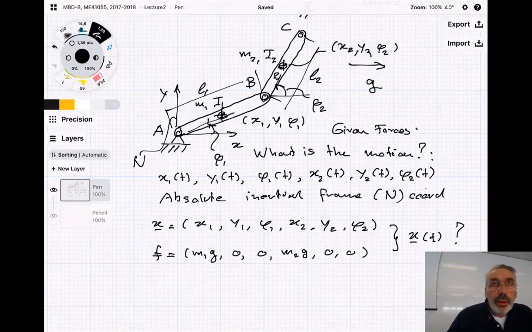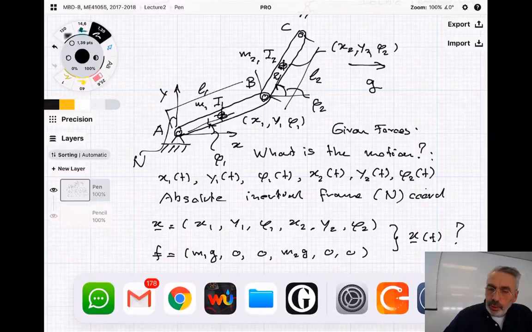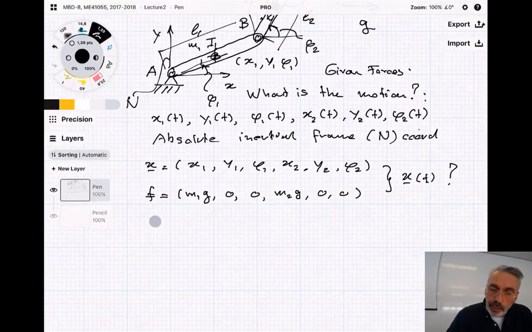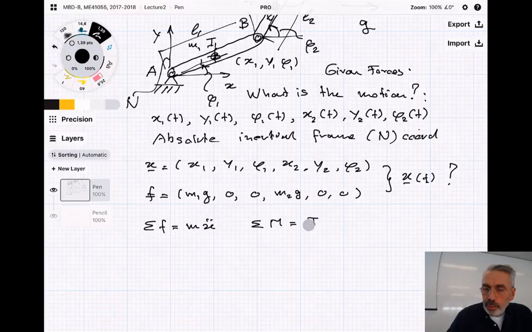Now, of course, for the equations we have, the sum of the forces is mass times acceleration, and the sum of the torques is mass moment of inertia times angular acceleration. But those are for single rigid bodies.